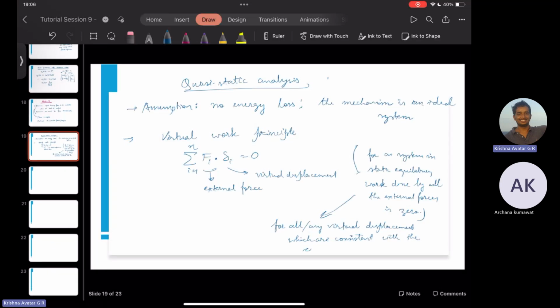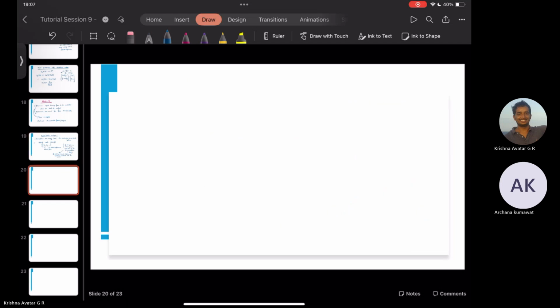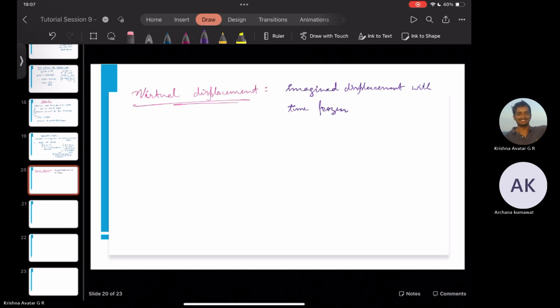Consistent with the constraints. Now, what are virtual displacements? These are imagined displacements with time frozen. It's as if you have a body and say this body is under equilibrium, right?